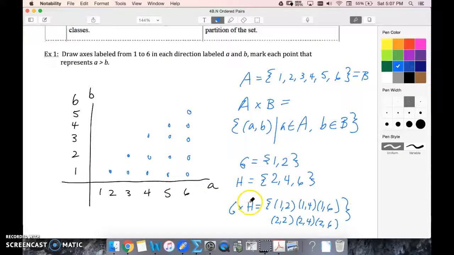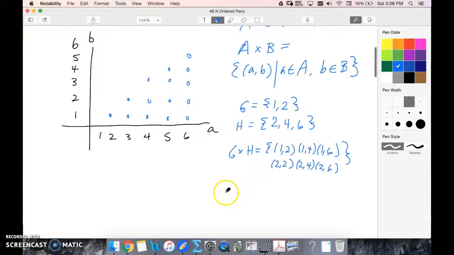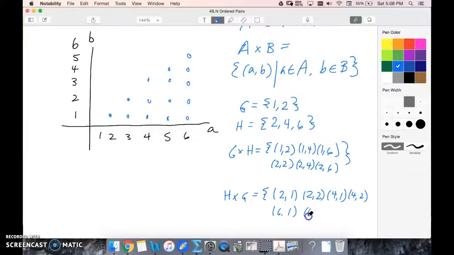But H cross G would be different. So H cross G would be 2, 1, 2, 2, 4, 1, 4, 2, 6, 1, 6, 2. So both of these Cartesian products have 6 points, but they're 6 different points.